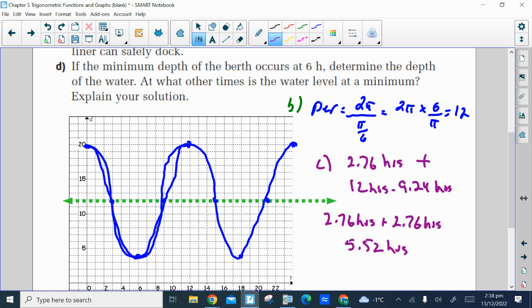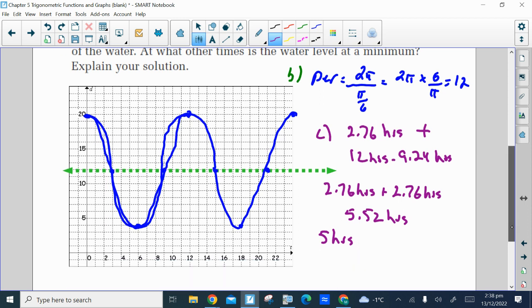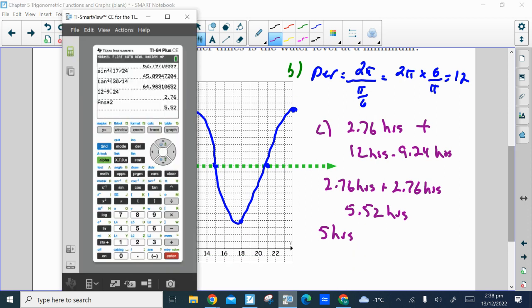And you can convert that into hours and minutes if you want. So that 0.52 of an hour is 0.52 times 60 minutes, so approximately 31 minutes.